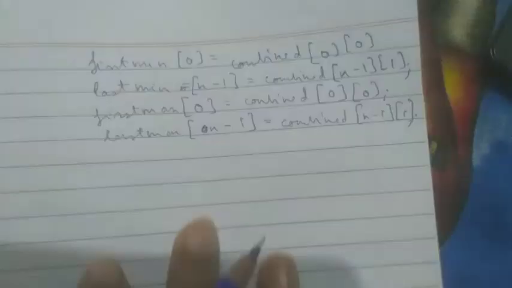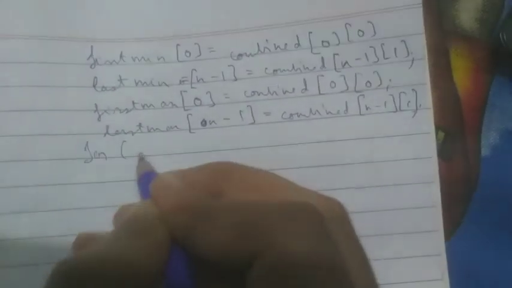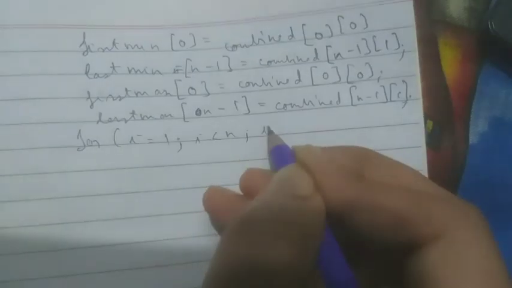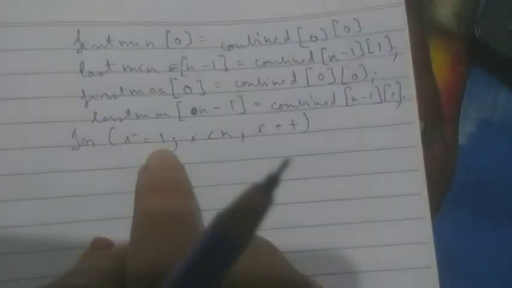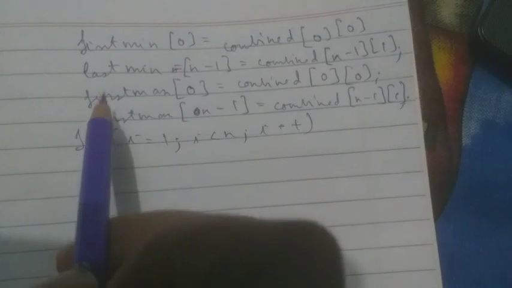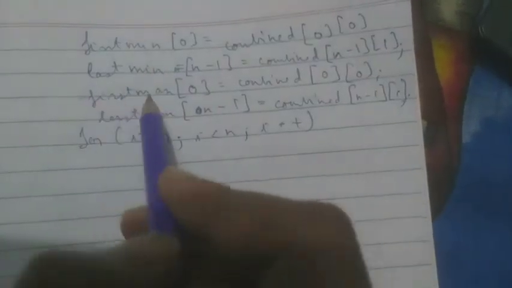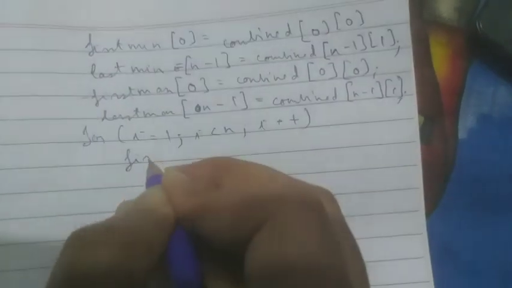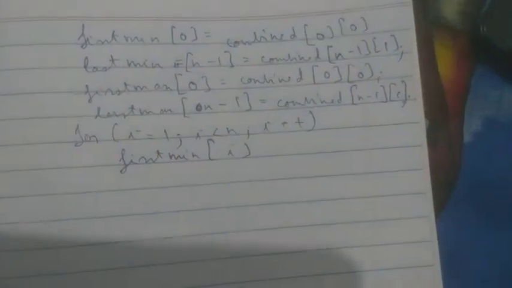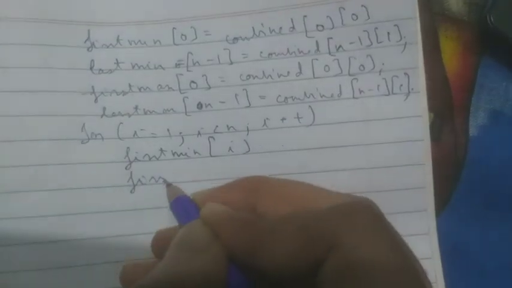Okay, and then we are going to run a loop from I equals 1 to I less than n. So in this loop, if you notice perfectly, we are going from left to right, right? So for left to right, as I have already stated, we are going to deal with only these two: first minimum and first maximum.